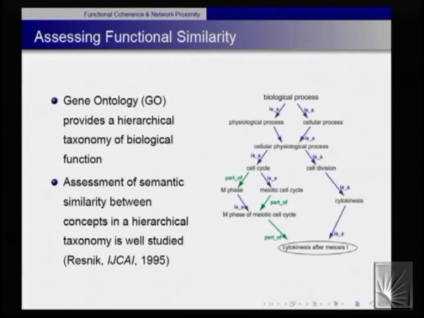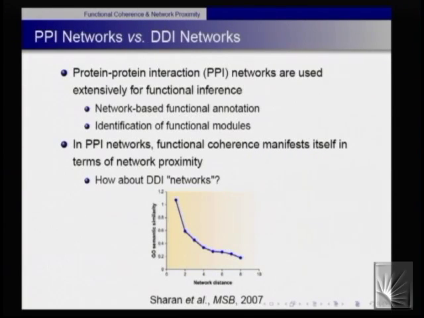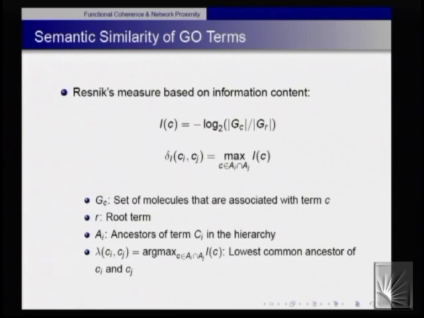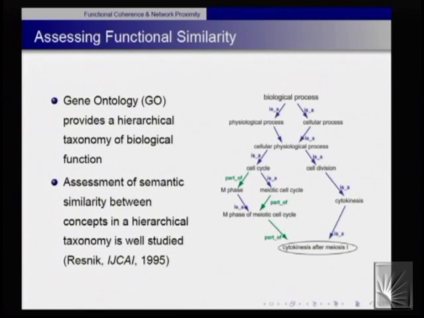We started doing this, expecting that since there are already pictures like this, everything would be available. Indeed, to compute the similarity between two functions on this hierarchy of concepts in Gene Ontology, there is a nice method proposed by Resnik in '95. For example, if you want to assess the similarity between cytokinesis and meiotic cell cycle, find their lowest common ancestor, which is cellular physiological process.